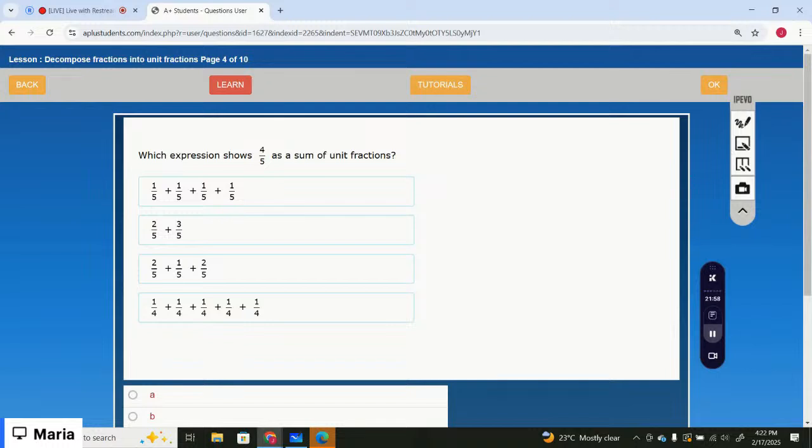Option A is the correct option. That is 1 by 5 plus 1 by 5 plus 1 by 5 plus 1 by 5.